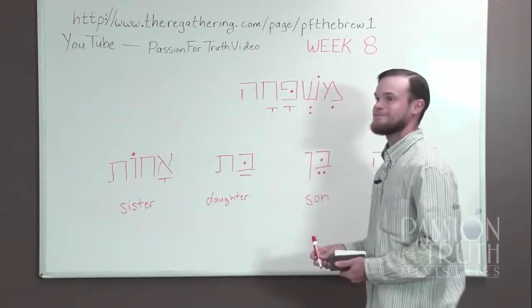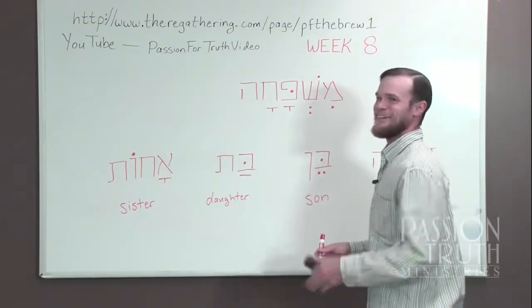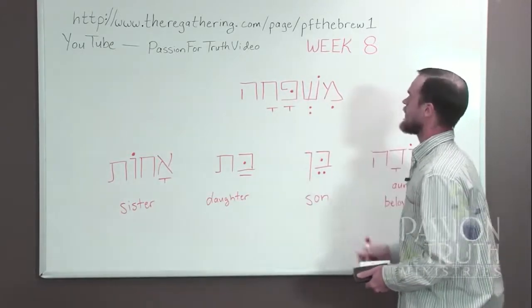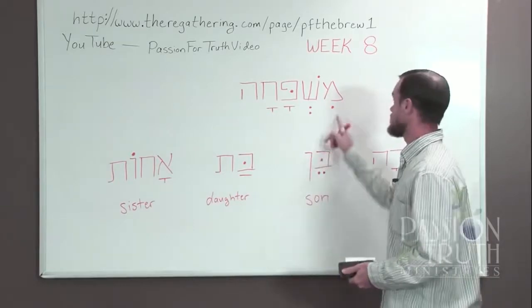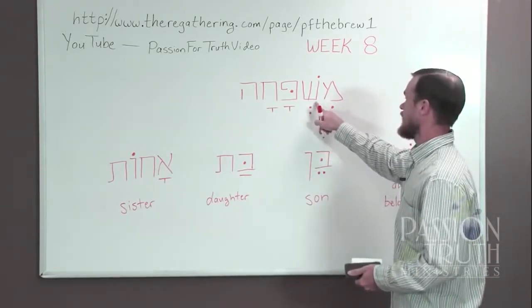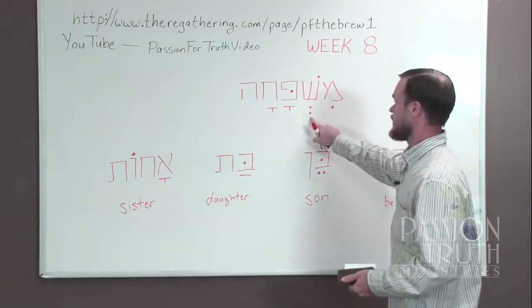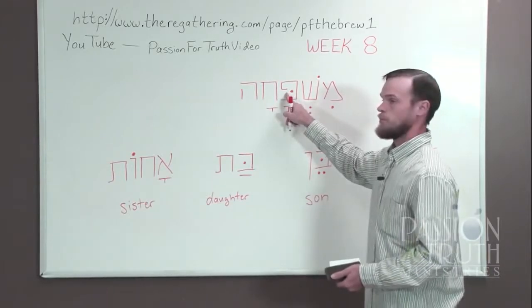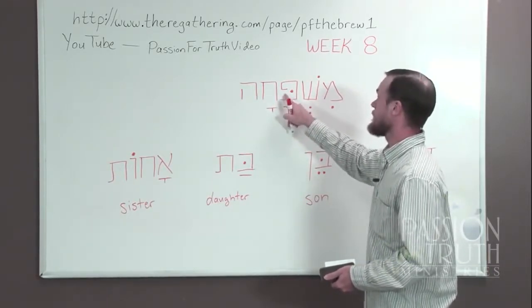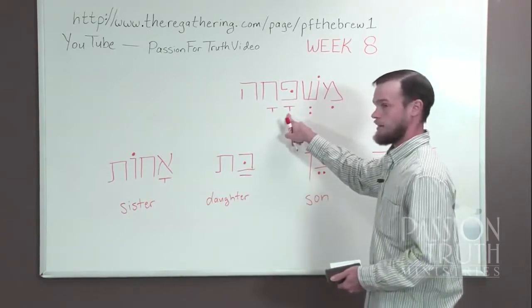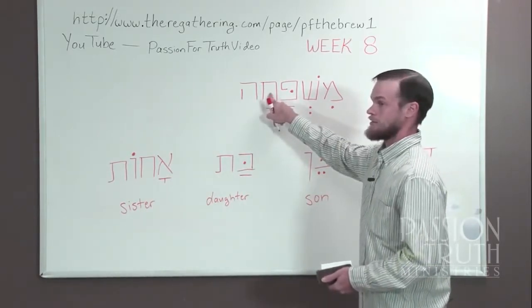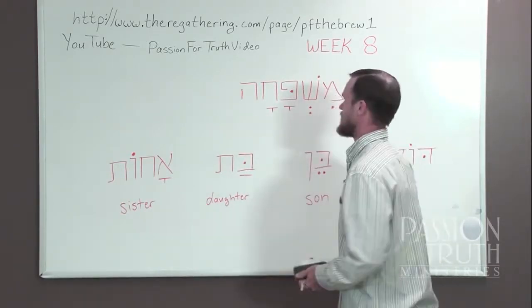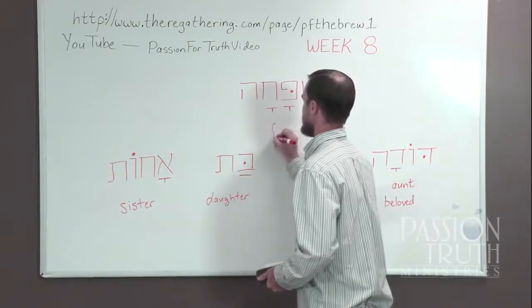So we've got the ma of the mem, short I of the chirik, so mi. Shin is sh. The shva makes no sound, so we've got mish. Pei with the dagesh is p, or pa. Mishpa. Chet is ch, and ah after that. So mishpacha. Mishpacha. That is a family.